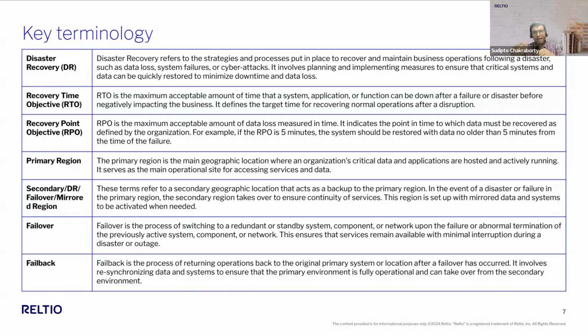Once the original primary is healthy again, we return operations back to that primary location. So it involves syncing back any data changes, ensuring that the primary is fully up to date, and then switching services back over. So you might fail over for a few hours or days and then fail back once the issue is resolved. And we manage that process very carefully so that it is seamless to our customers.